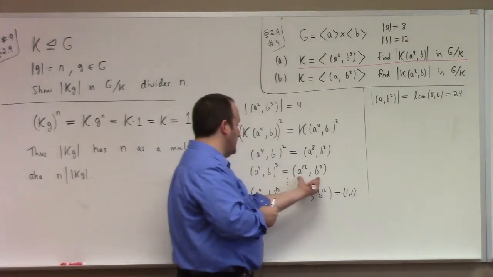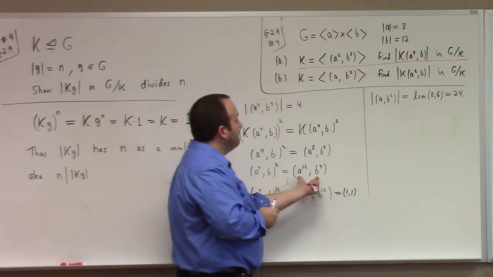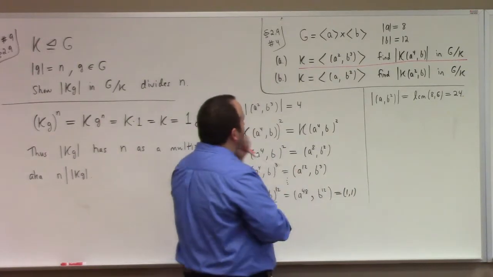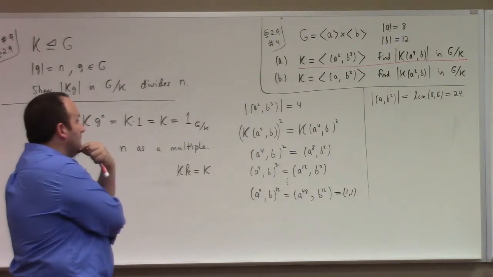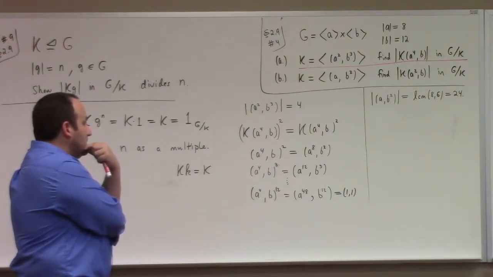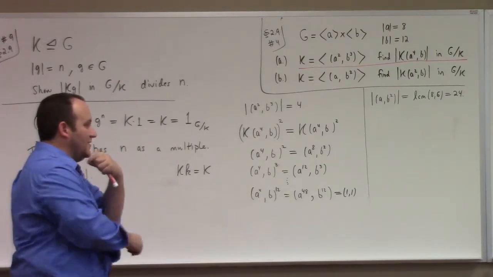Is that in K? Yes. That's in K? How is that in K? Oh, wait, never mind. Sorry. So would you start with K then, and multiply it by a to the 4th b successively, or just multiply it once and square that?